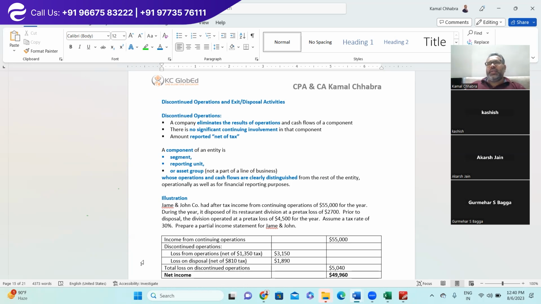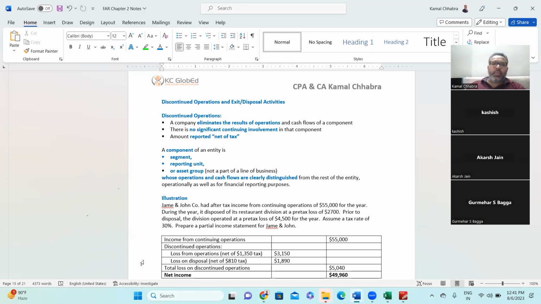But this year they thought to continue to focus more on the car segment, because the battery segment is not their main business, and they wanted to discontinue that business. Even though it's profitable, they wanted to be more focused on their core business. So in that scenario, the battery business can be considered a discontinued operation. Got it? That is what a discontinued operation is.